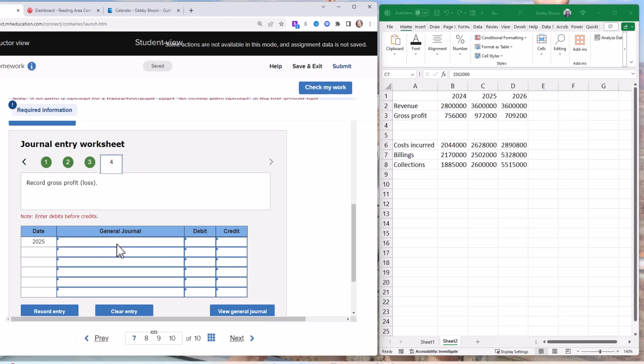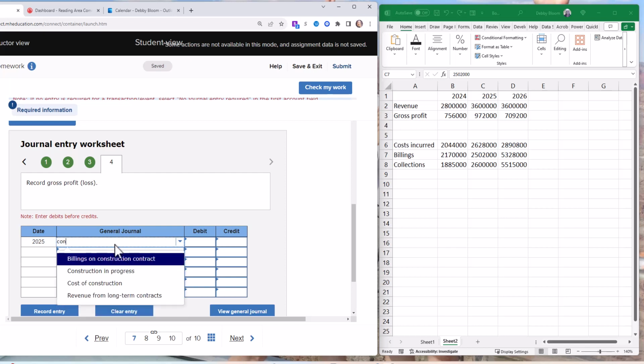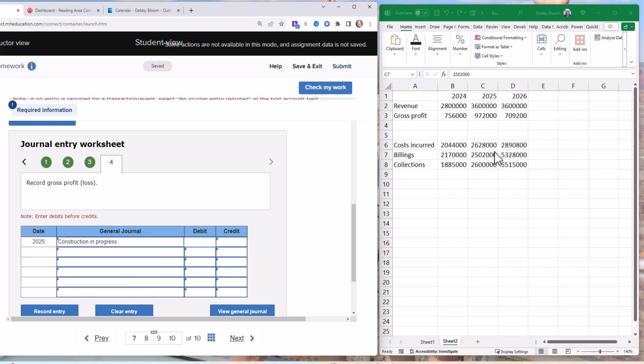And now remember the 3 that we have to do. So we have to debit the construction in progress for the amount of the profit, $972,000. We're going to debit the expense, cost of construction, for the amount that we spent in year 2, $2,628,000.